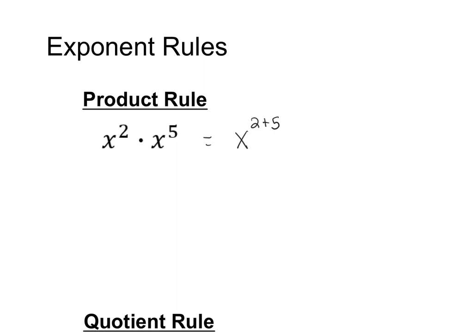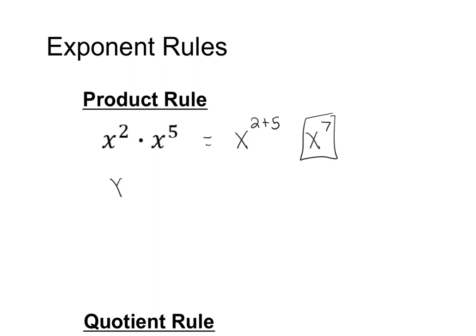So anytime you have two of the same variables raised to an exponent and they're being multiplied together, you add the exponents. So this is equivalent to x to the 7th. And that is your solution. You add the exponents, as long as the bases are the same.